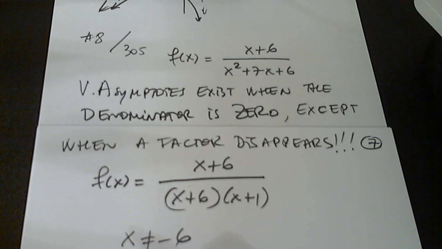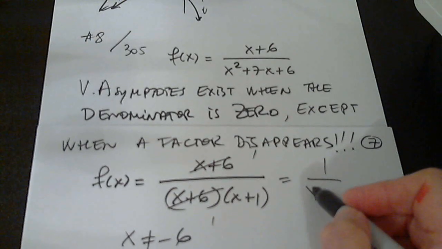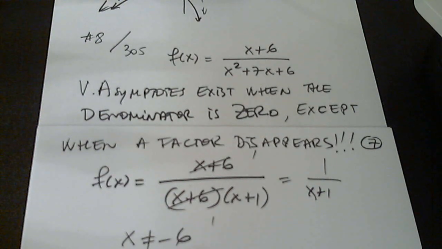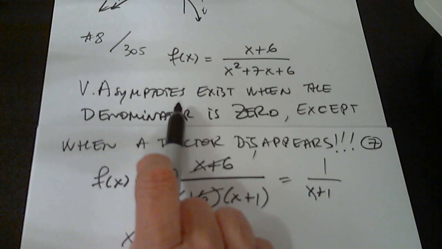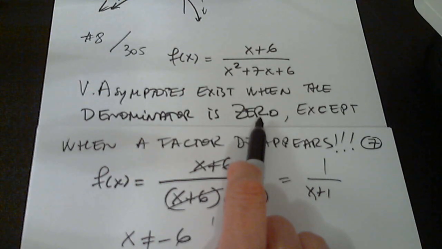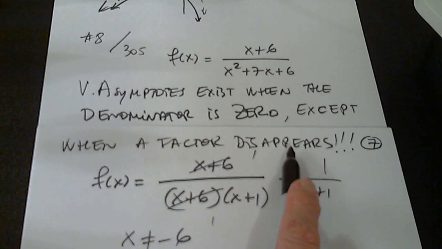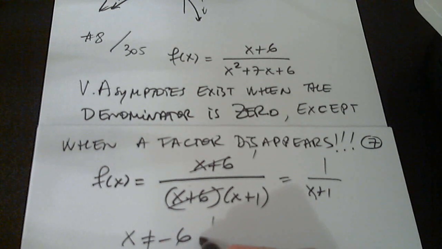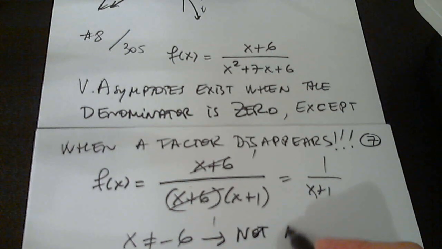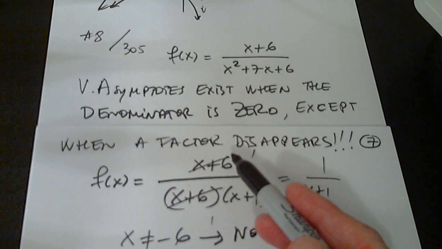Is there an x plus 6? Of course. A vertical asymptote exists when the denominator is 0, except when a factor disappears. So this is not a VA. It was simplified.